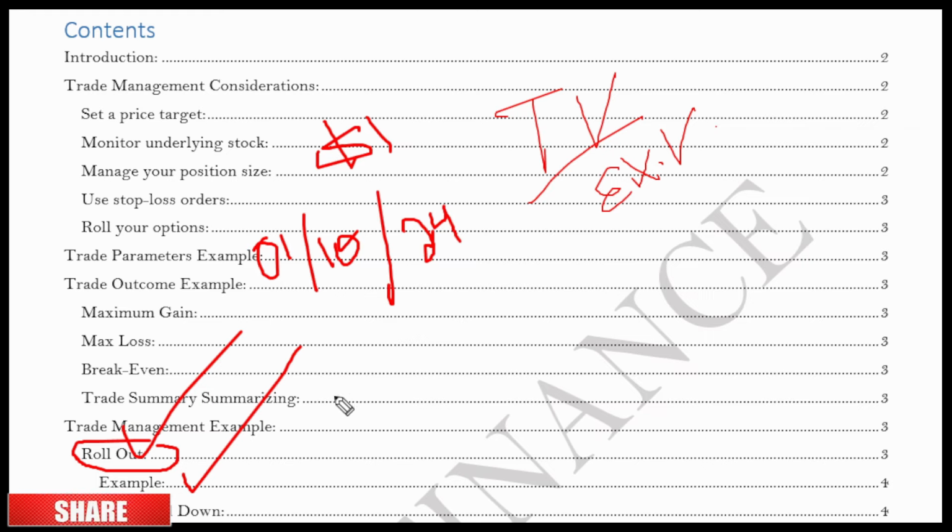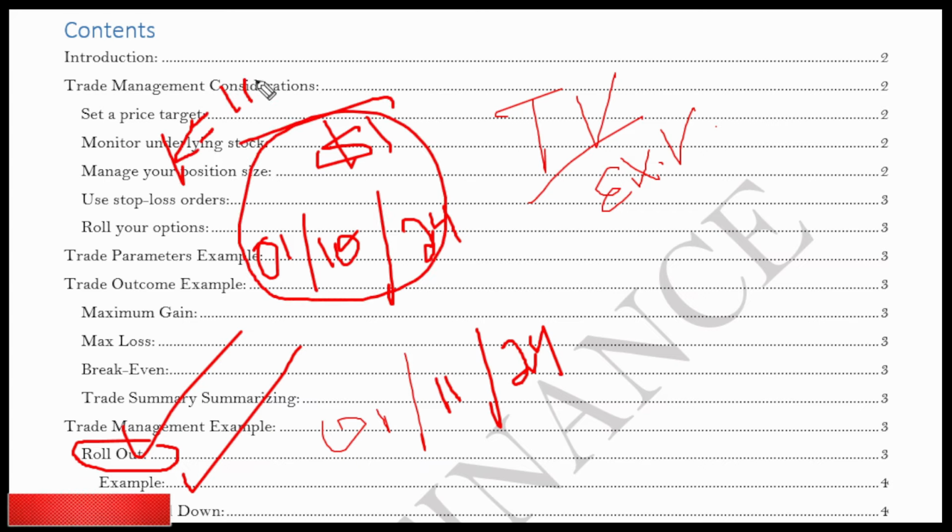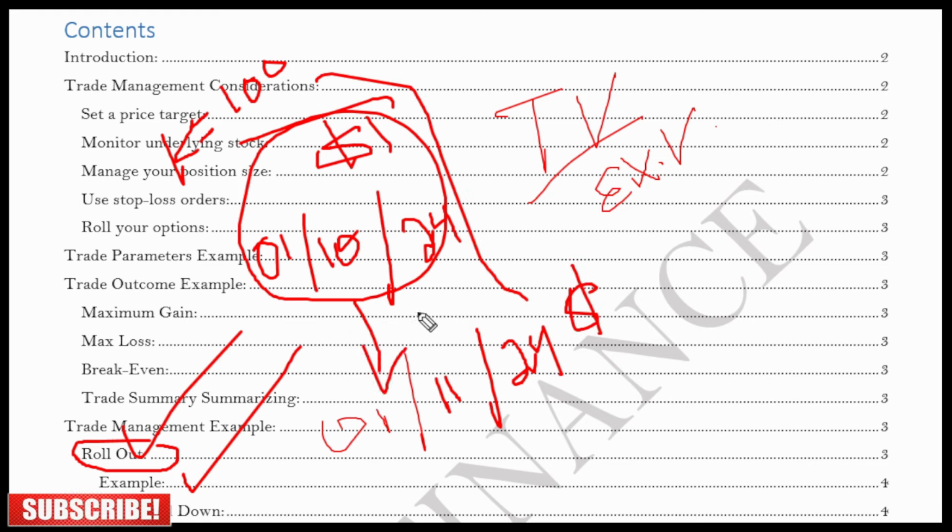Why? On 1st of November 2024, the same naked put, let's say with a strike price of $100, will be trading for more money. Why? Because of this time value, the 30 days.